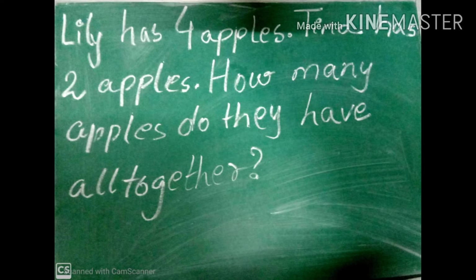So this is the question: if Lily has 4 apples and Tina has 2 apples, how many apples are there all together? If we put Lily's apples and Tina's apples together, what is the total sum? So let's see.